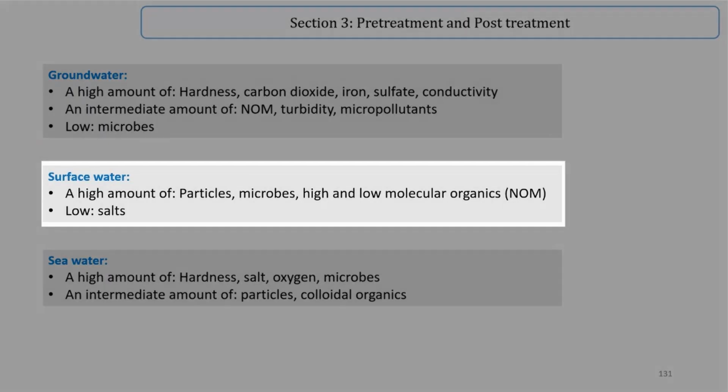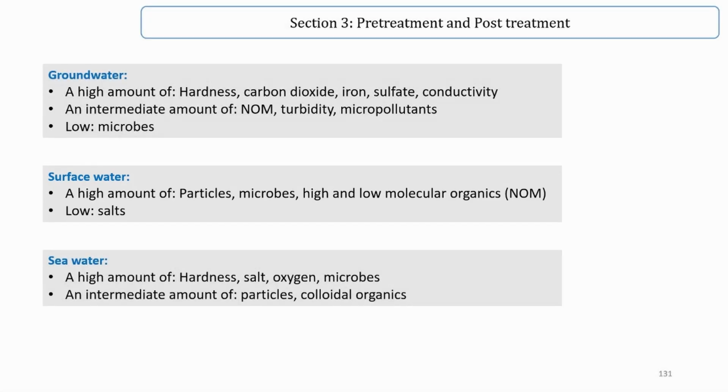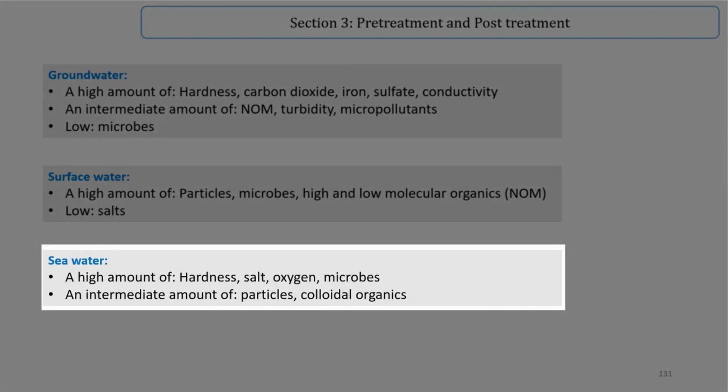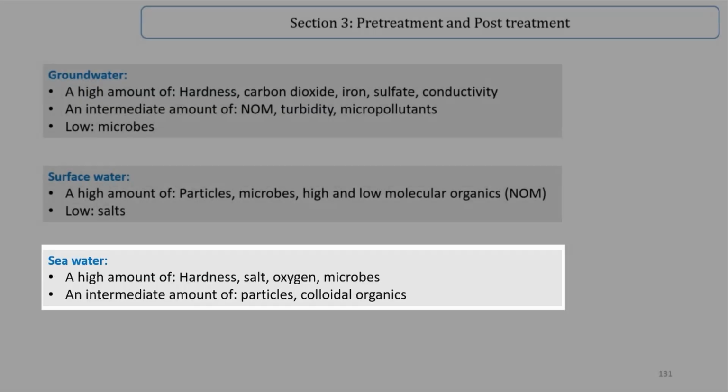The second water source is surface water with a high amount of particles, microbes, high and low molecular organics, and low salts. The third water source is seawater with a high amount of hardness, salt, oxygen, microbes, and with an intermediate amount of particles and colloidal organics.